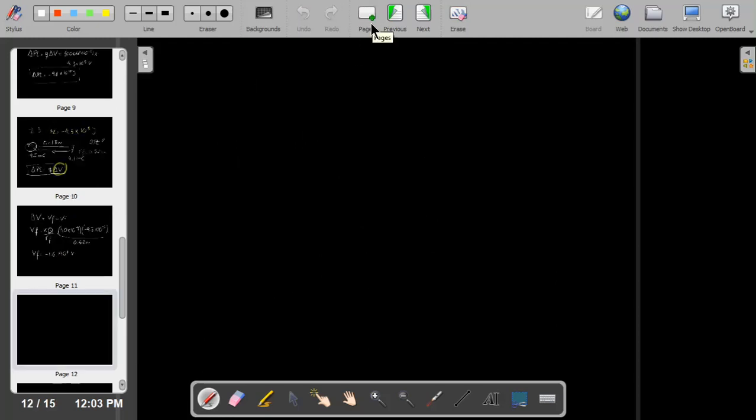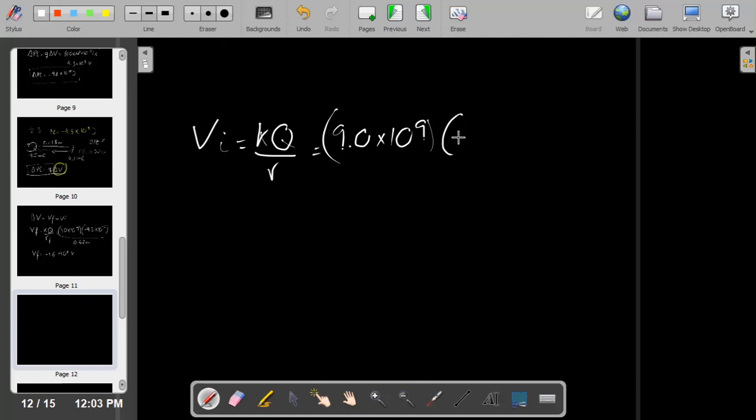Next, we're now doing initial. So initial, once again, is kQ over r. This has not changed at all. I'm just putting it here because it's the same as what we did before. Our charge was negative 9.5, and we need to multiply it by 10 to the minus 3 to make it into coulombs.